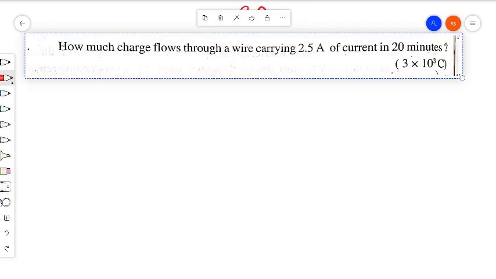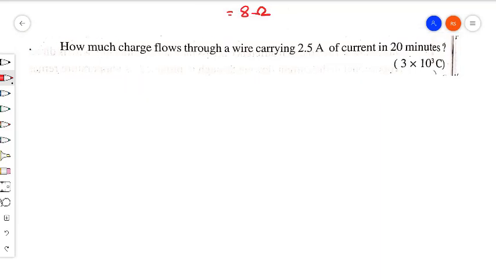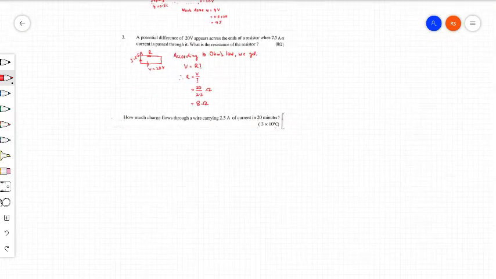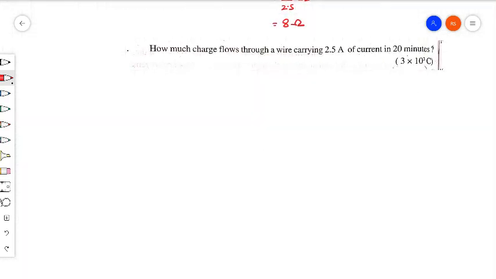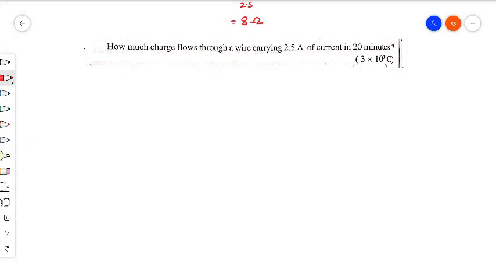How much charge flows through a wire carrying 2.5 ampere of current in 20 minutes? Here time is 20 minutes.